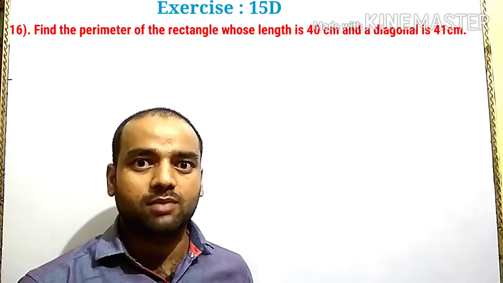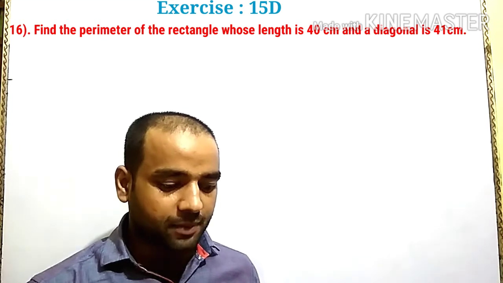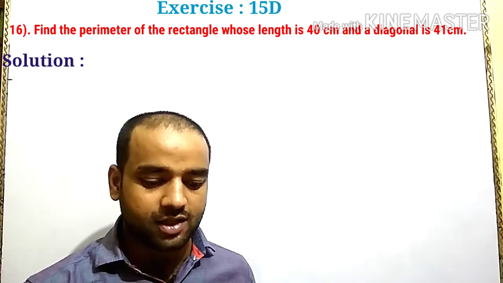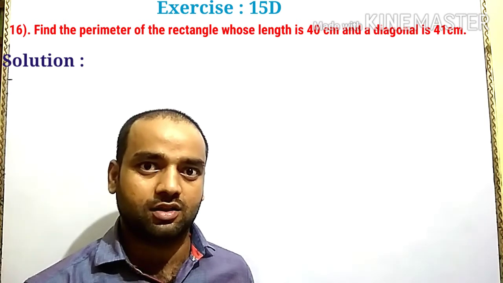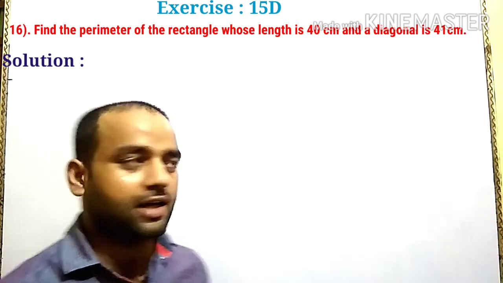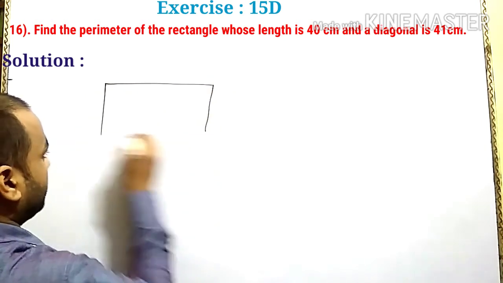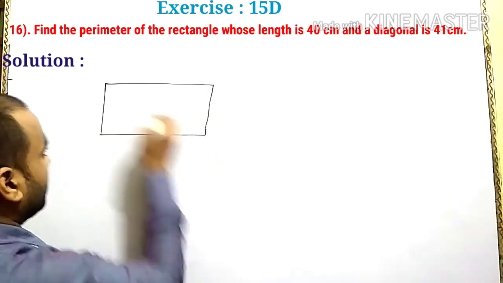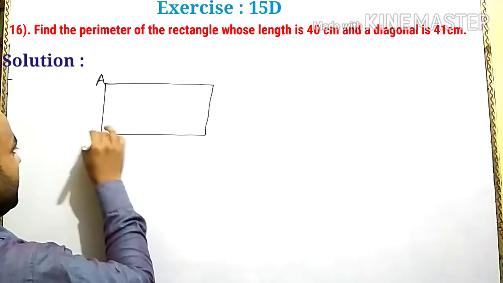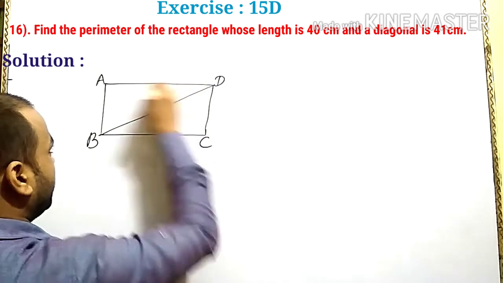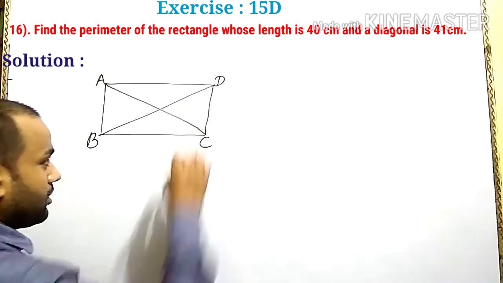In question number 5, find the perimeter of the rectangle whose length is 40 centimeter and the diagonal is 41 centimeter. So first of all, we draw a rectangle. A, B, C, D. Here diagonal BD and AC.